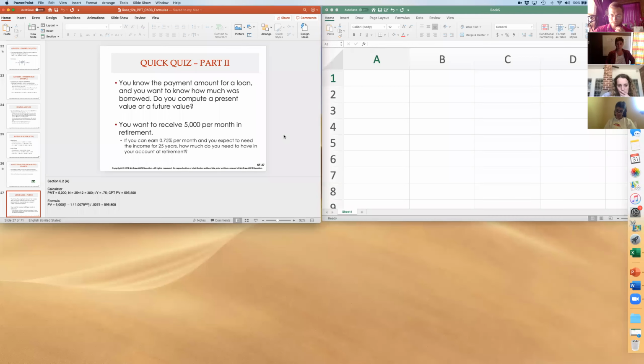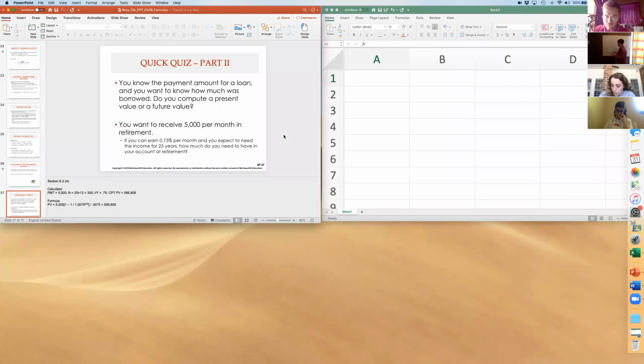So the next part says you want to receive $5,000 per month in retirement. If you can earn 0.75% per month and you expect to need the income for 25 years, how much do you need to have in your account at retirement? Okay, so very similar question here.